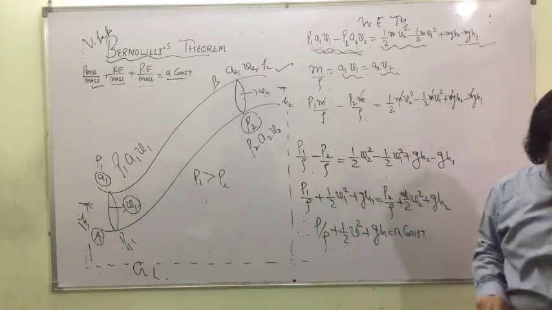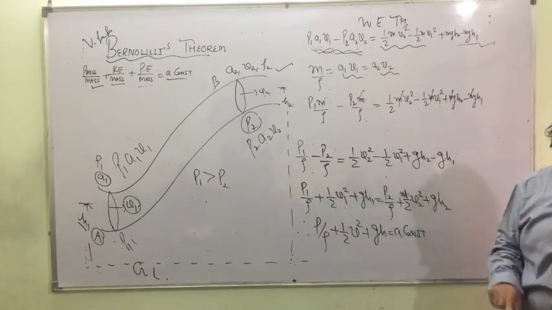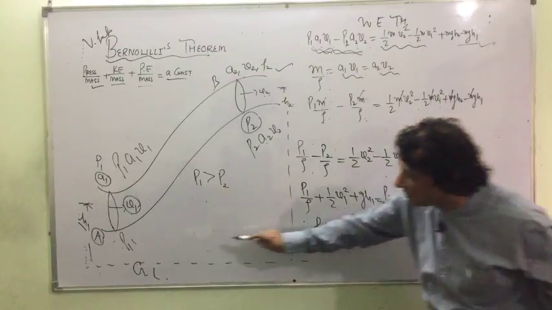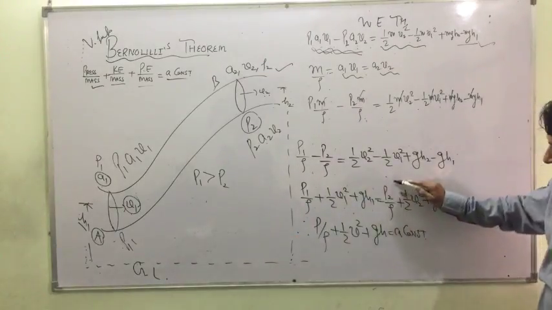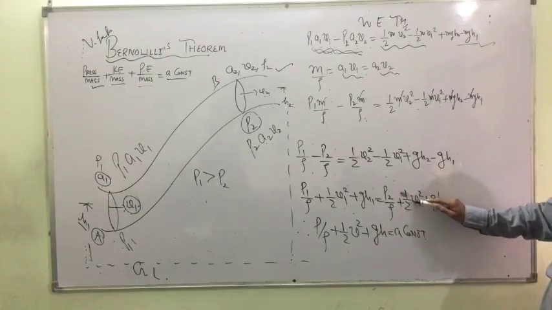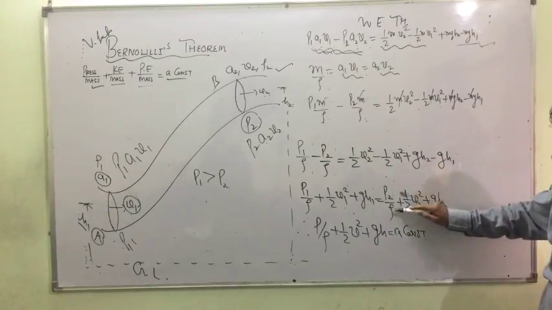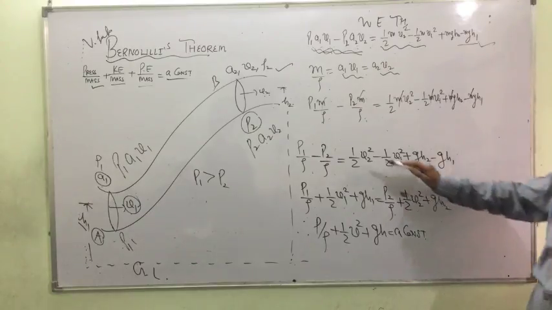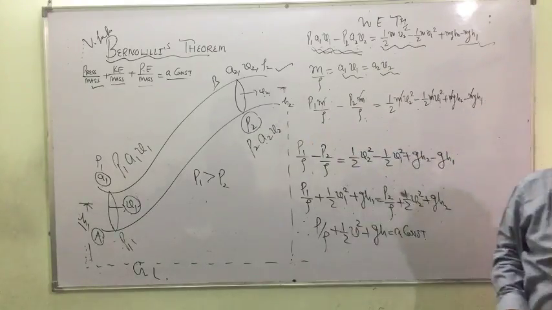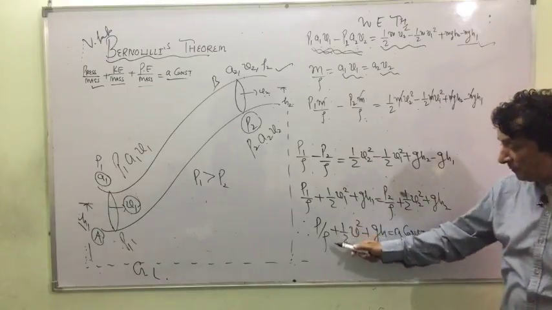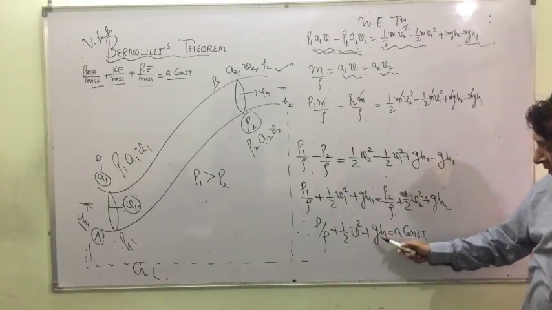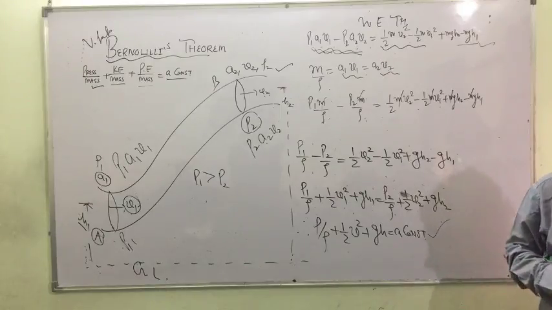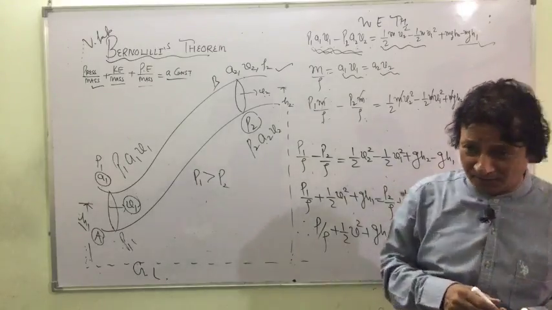Pressure energy per unit mass, kinetic energy per unit mass, potential energy per unit mass initially at the position A is equal to kinetic energy per unit mass half V2 square, pressure energy per unit mass P2 upon rho, and gH2 potential energy per unit mass at the position B. They are equal. Therefore P upon rho plus half V square plus gh is a constant. This is Bernoulli's theorem. It is very important, students.